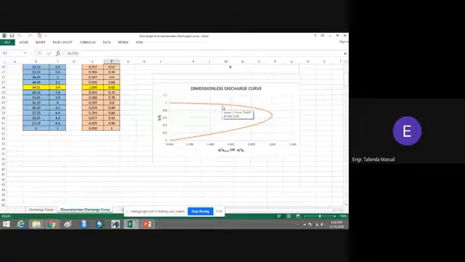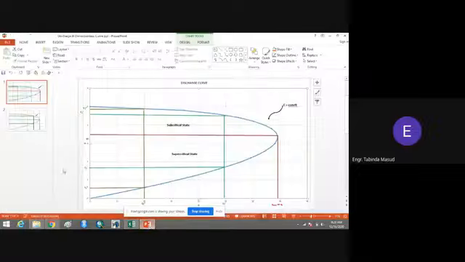You can define the components on your own. The components are the same as those of the discharge curve. Okay, let's look here.